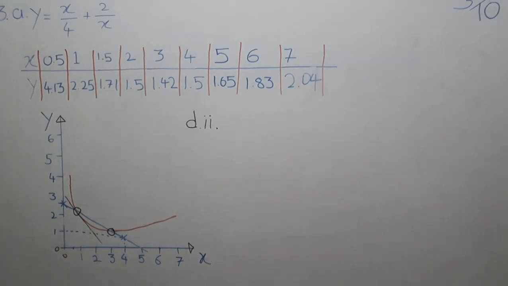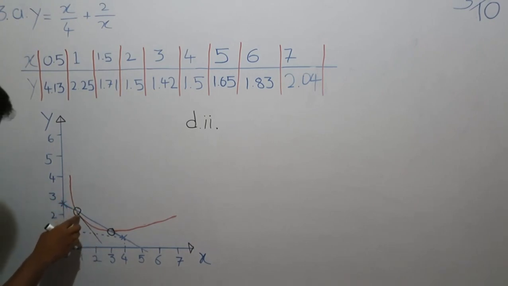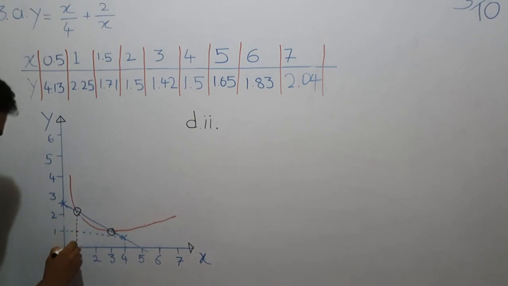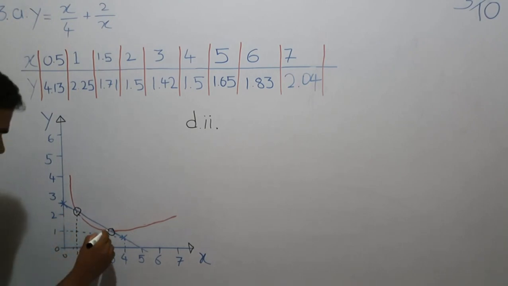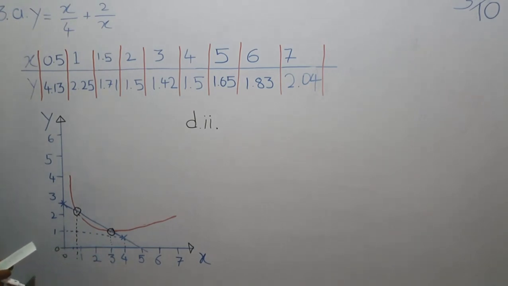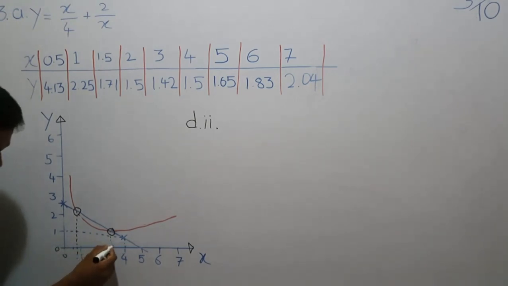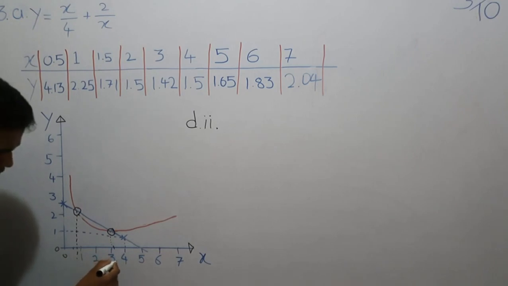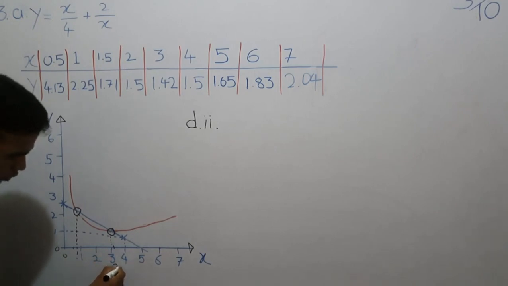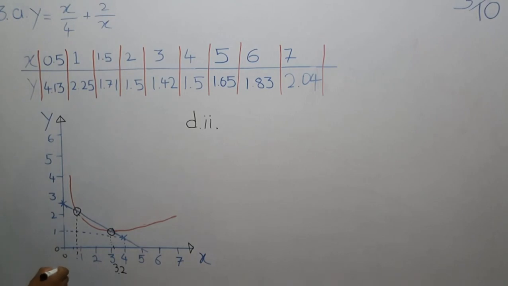Now this black line is the tangent, keep in mind, that is not required here. So this x value I'm getting as 3.2, and this x value I'm getting as 0.9.